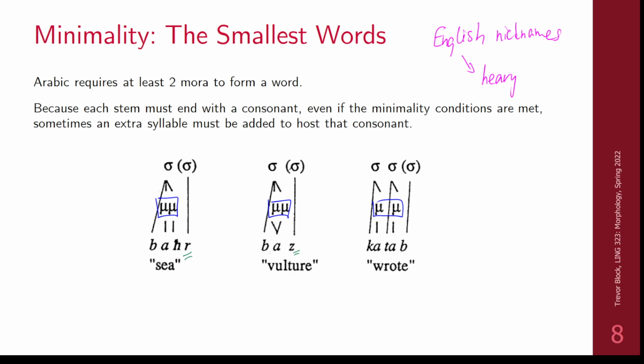This will not have any mora associated with it, and it's there for other purposes. So to sum it up, if we do any conjugation or affixation, this R becomes an onset, this Z becomes an onset, or this B becomes an onset. So it's really just setting up the syllable for future conjugation.